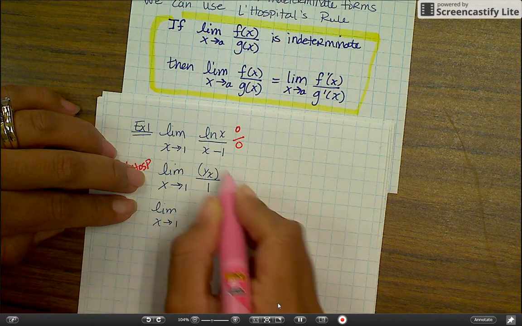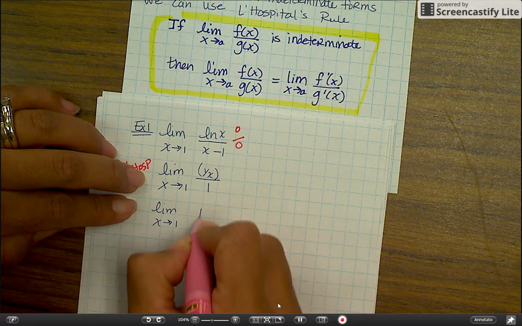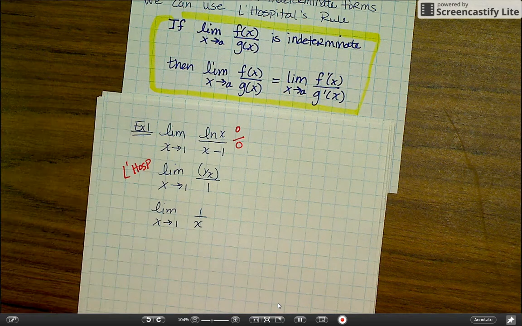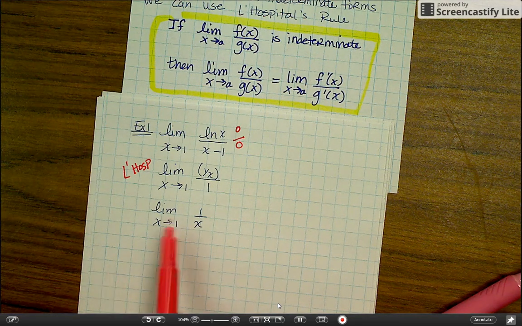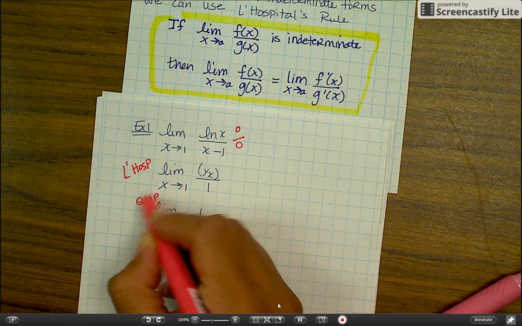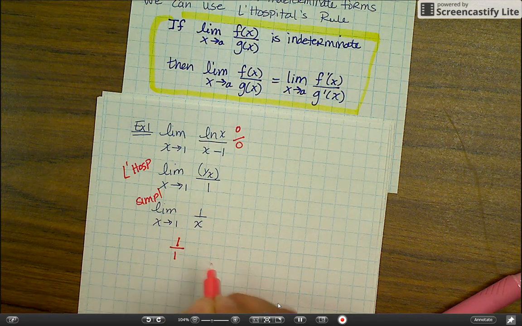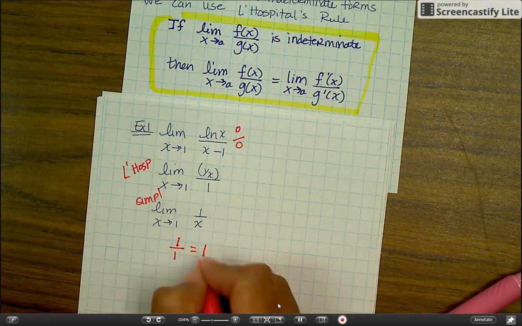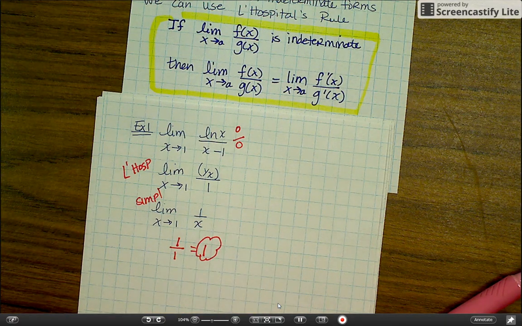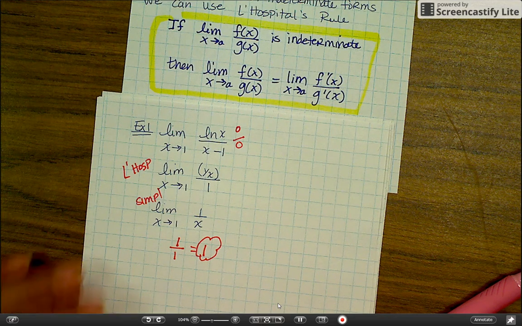When I simplify the whole expression, that's just going to be 1 over x, which is so easy. After I simplify, then I will substitute. If I put in 1, that's going to be 1 over 1. So therefore, it's 1. Highlight, like so.